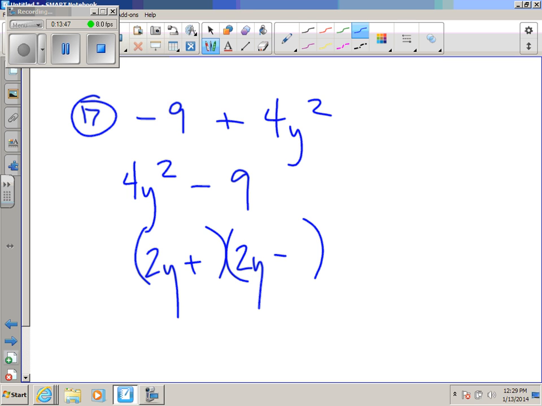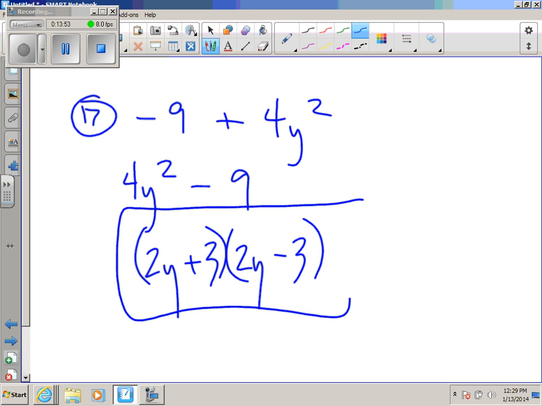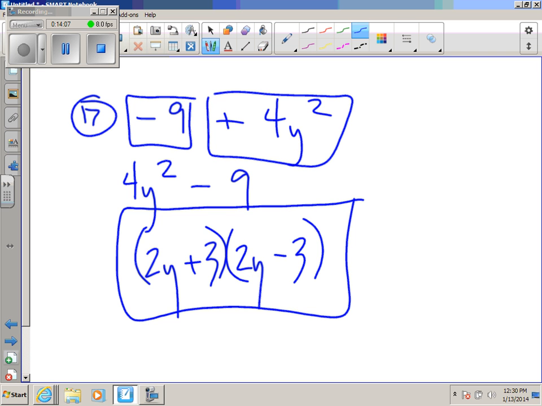Plus and minus what? 3. Yes. Positive 9? Because it's not a positive 9. I have to keep the signs consistent. I can move them. Remember our little shopping bags? I can move them, but I've got to pick them up and set them down.